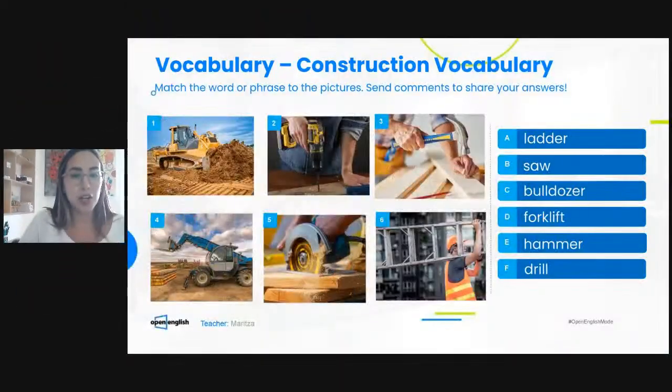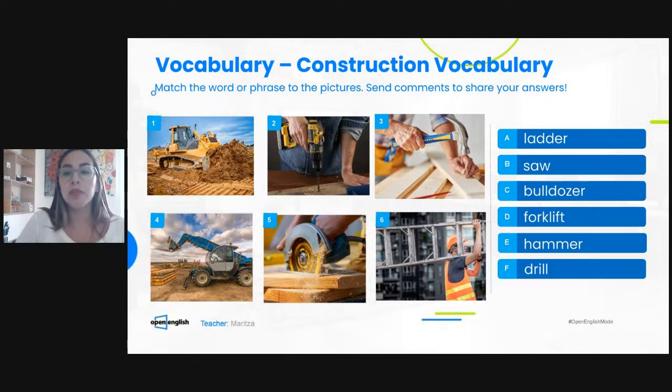So let's get started. Construction vocabulary. Okay, we have 6 words here, 6 words in English. I want you guys to match the words on the right with the pictures on the left. If you are connecting, this is our 100% English class, and in this class, we will be learning construction vocabulary.